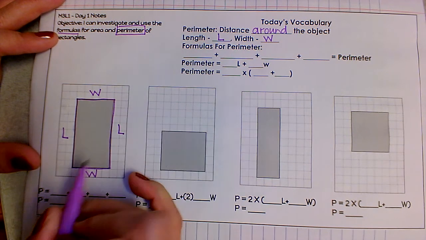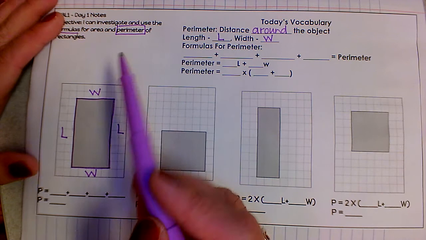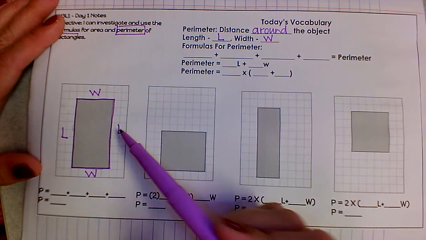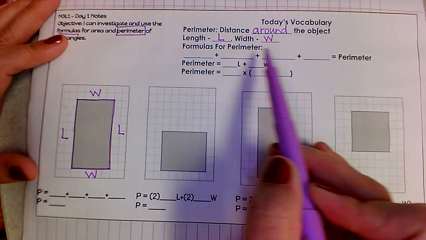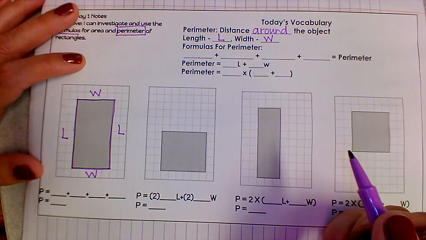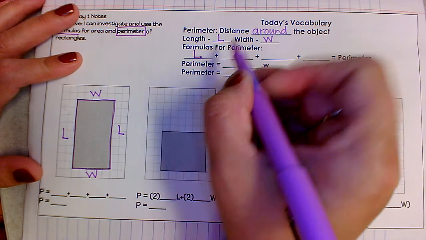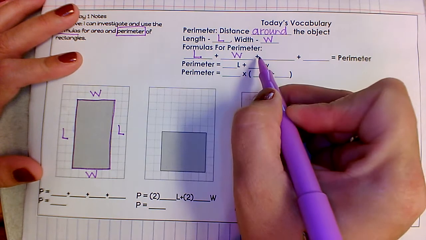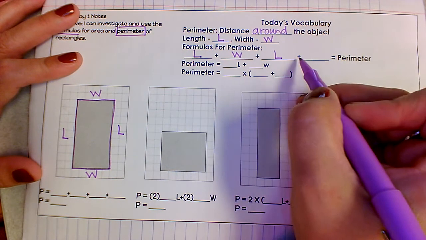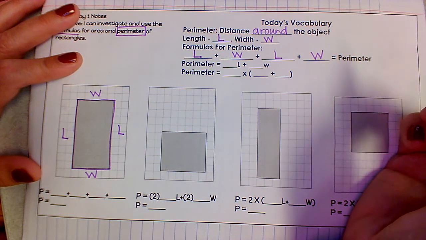Up and down, length, width, side to side. So I have how many sides? 1, 2, 3, 4. How many blanks? 1, 2, 3, 4. So the first formula we could use is length plus width plus length plus width. And then we could get the perimeter of the whole side.